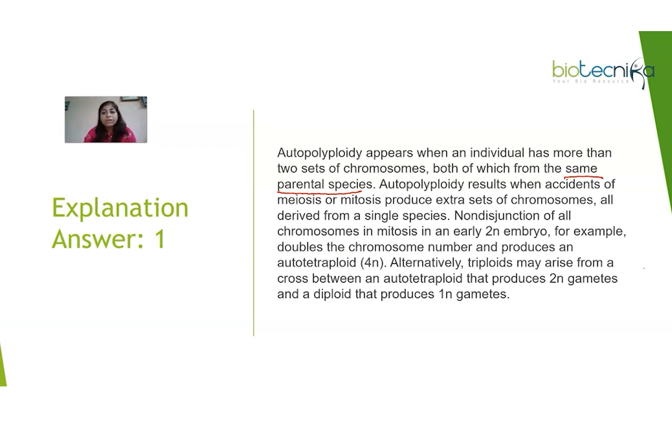Alternately, triploids may arise from a cross between an autotetraploid that produces a 2n gamete with a normal n gamete, resulting in 3n. Anyway, auto means self, so autopolyploidy means the extra sets of chromosomes are added from the same individual, the same parental species.